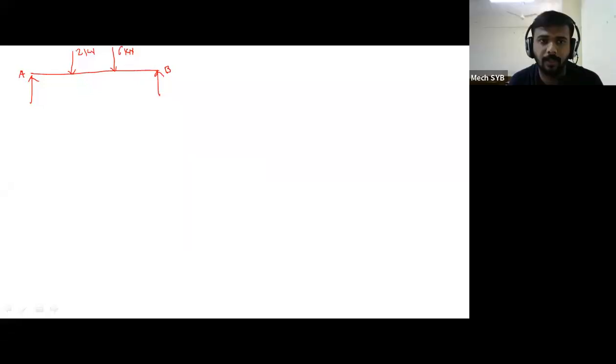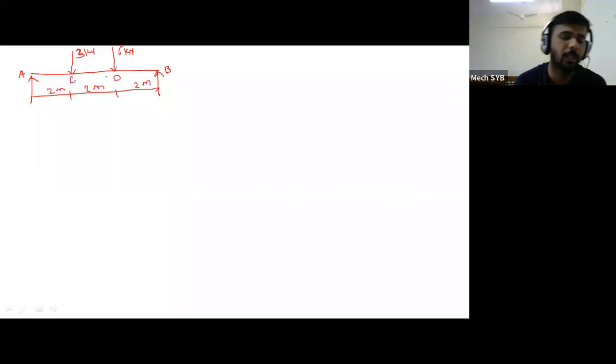Okay, 3. So the first one is 3 kilonewton, and their distances you have to represent. This is 2 meter, this is 2 meter, and this is 2 meter. Total becomes 6. So this is point C, and this is point D. Okay. So whatever SFD and BMD we have to draw, we have to draw below the loading diagram only.